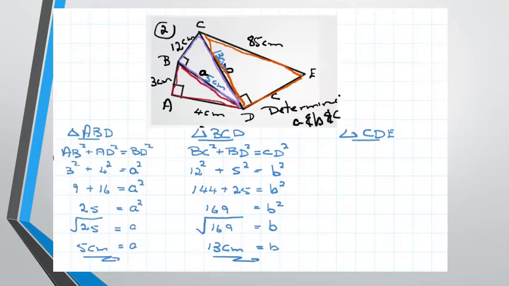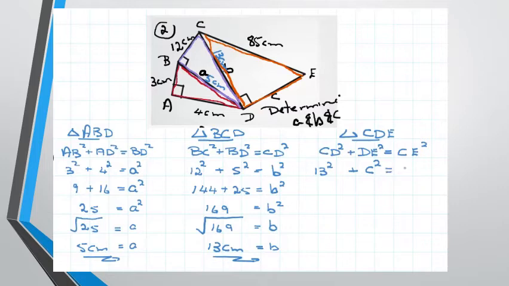By Pythagoras, the two sides opposite the hypotenuse, namely CD square plus DE square equals to the hypotenuse, namely CE square. Substitution, CD to be 13 square plus DE. DE is the value I would really like to determine in this part of the triangle.